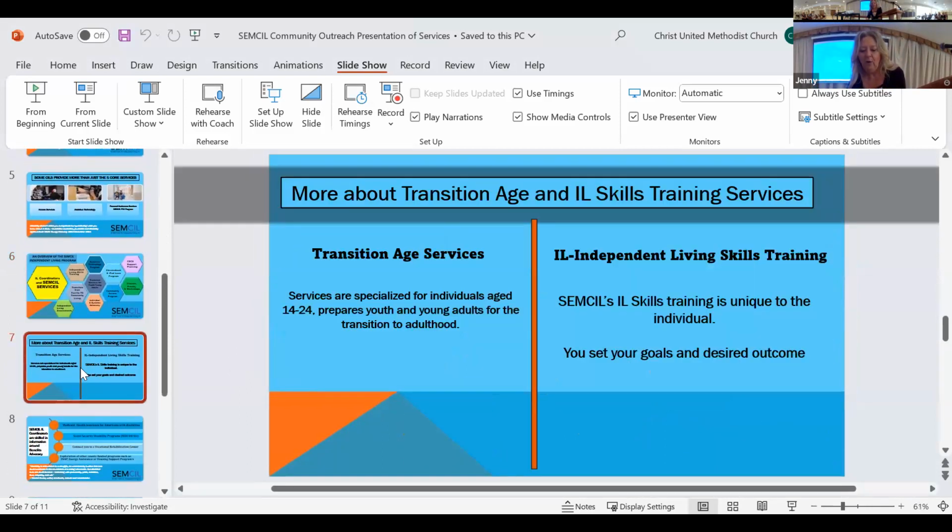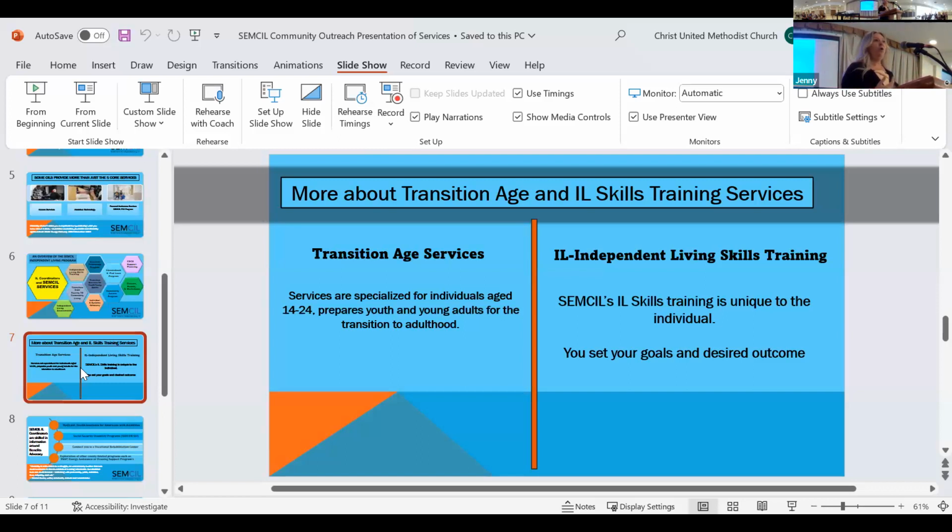All right, a little more about our biggest program. That is transition age services. We talked a little bit about that already, and I wanted to give you some examples of what that looks like. Transition age is ages 14 to 22. We can provide services one-on-one. So for all of our services, if somebody calls SEMCIL for services, we meet individuals where they need to be met.